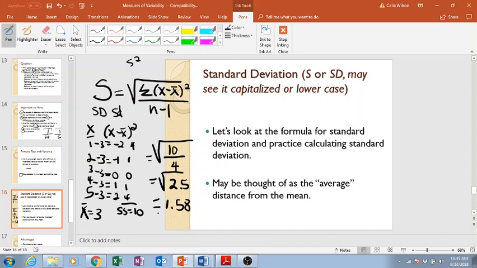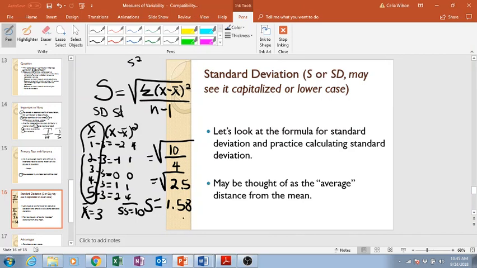So the standard deviation for this little set of scores is 1.58. Standard deviation becomes really useful because it's thought of as the average distance from the mean. So on average, these scores vary 1.58 points around the mean of 3.